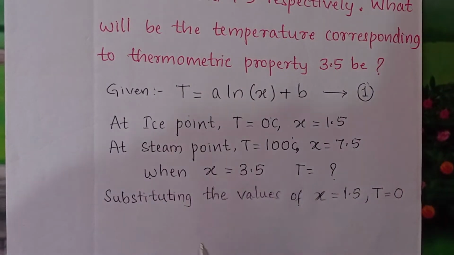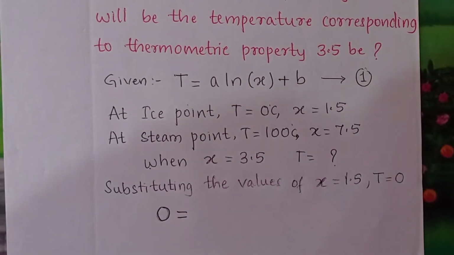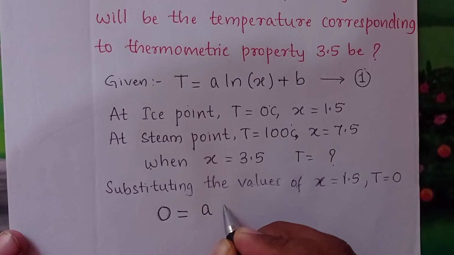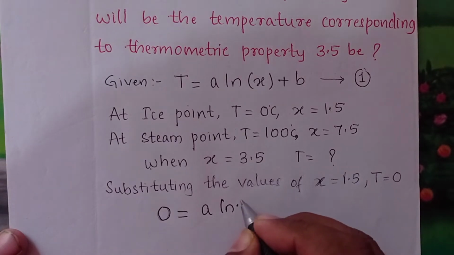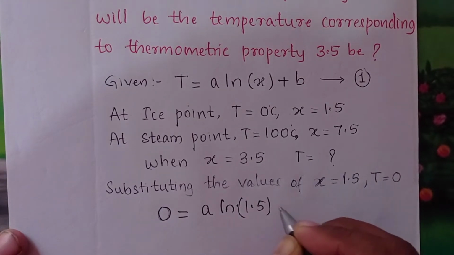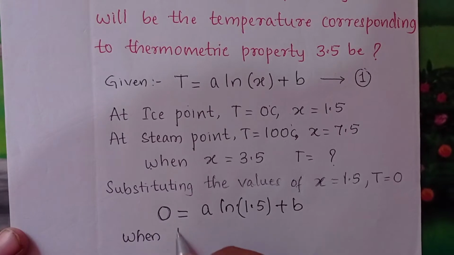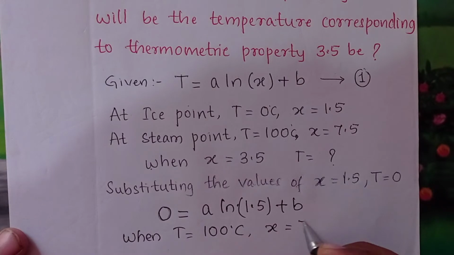When I substitute this value, what do I get? 0 will be equal to A ln x, where the x value is 1.5, plus B. Then when t is equal to 100, that is 100 degree centigrade, x is 7.5.